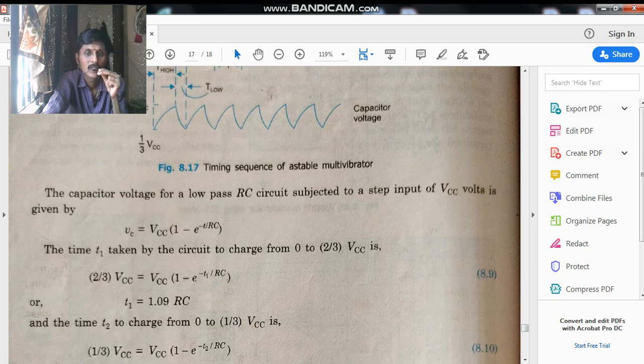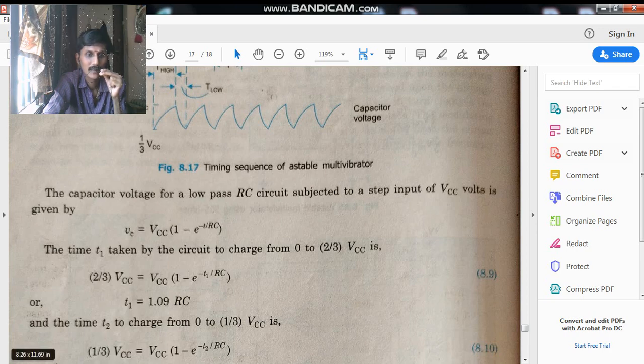Now instead of VC, we substitute 2/3 VCC equals VCC into (1 minus e power minus t1 by RC). Cancelling and taking ln on both sides, you get t1 equal to 1.09 RC.